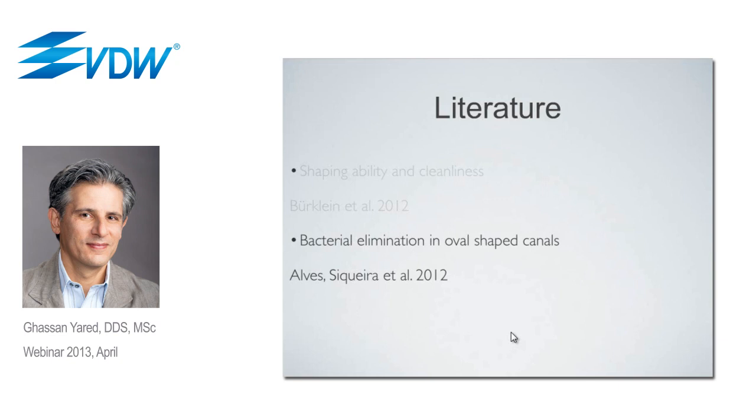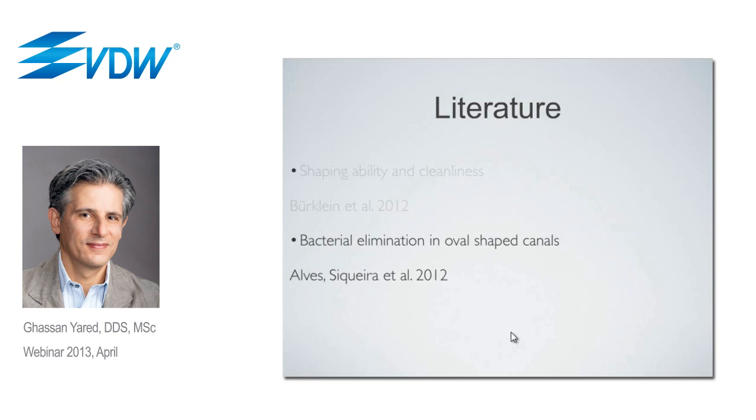In this study, they showed that as long as the same amount of irrigation was used, the same canal preparation diameter was obtained, and the canals were exposed to the irrigant for the same time, the bacterial elimination is comparable between single file reciprocation and continuous rotation.